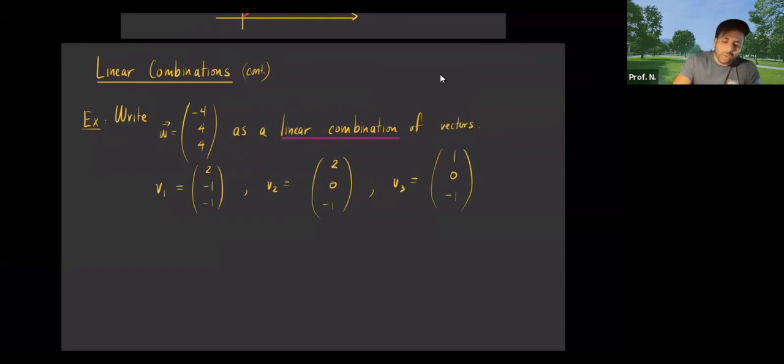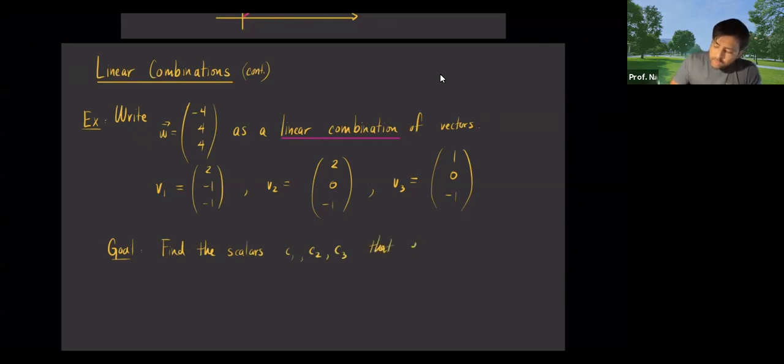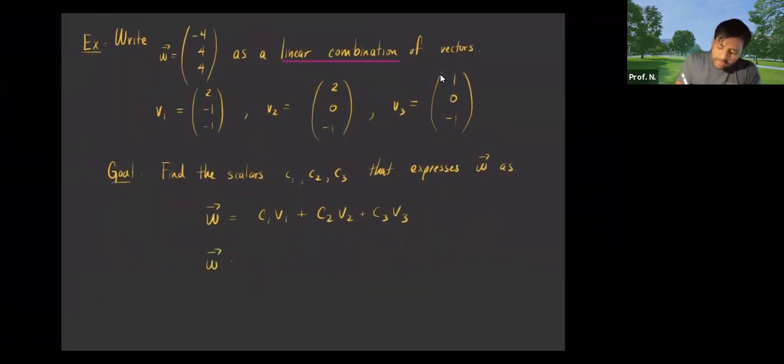Really the goal of this is to find the scalars C1, C2, C3 that express W as what we've mentioned earlier, C1 V1 plus C2 V2 plus C3 V3, or in shorter notation, the summation from 1 to 3 of CI VI.